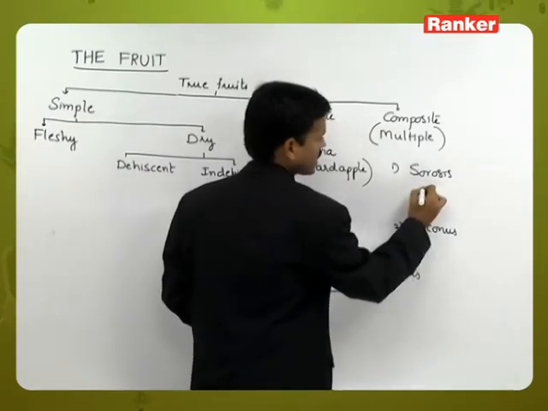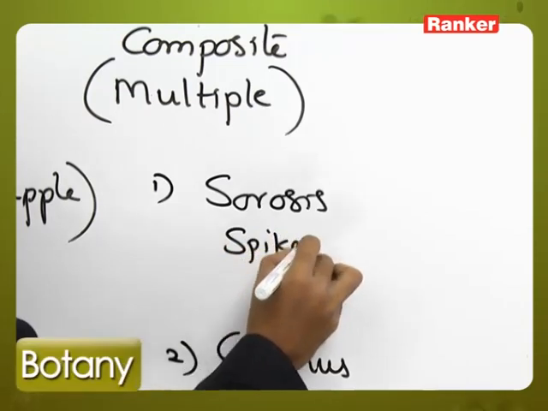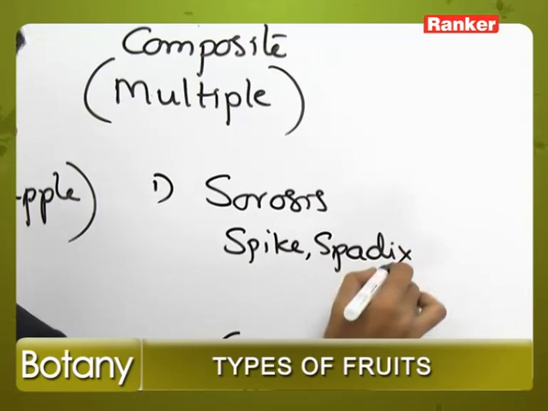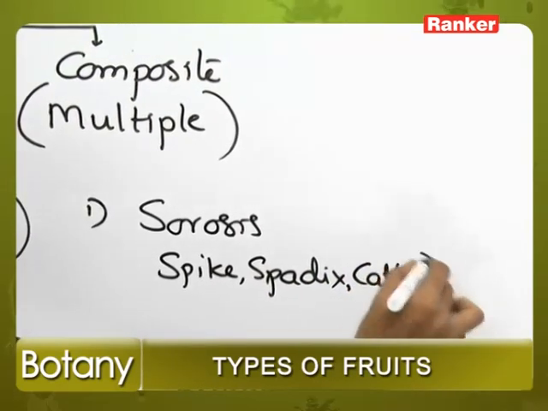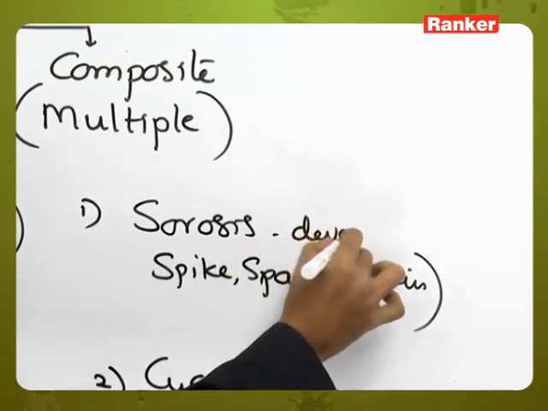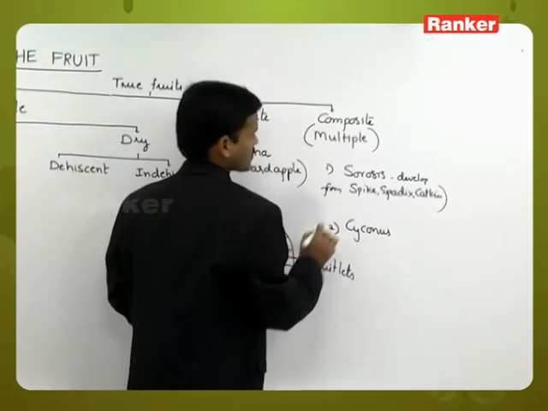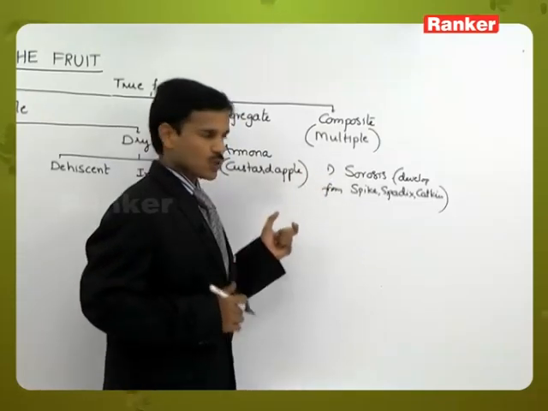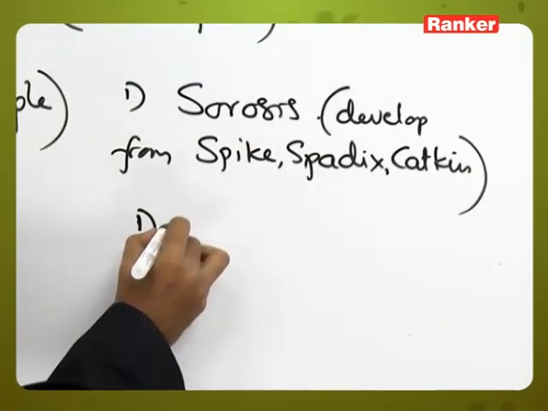So these develop from spike, spadix, catkin. Examples for Sorosis: the first example is pineapple.